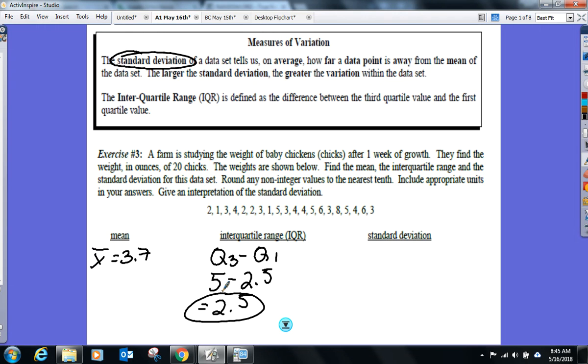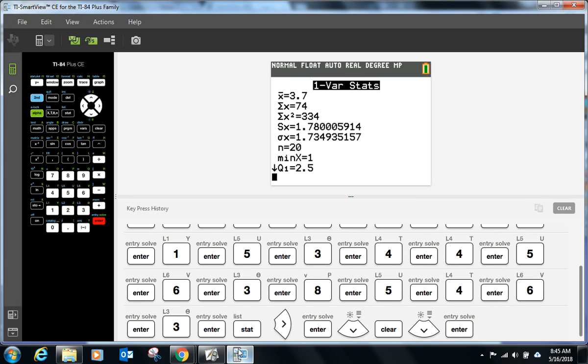All right, now we come to a new value, standard deviation. Everyone ready? Standard deviation. I call it the ox. Anybody see where I'm talking about? Right here, there's my standard deviation.